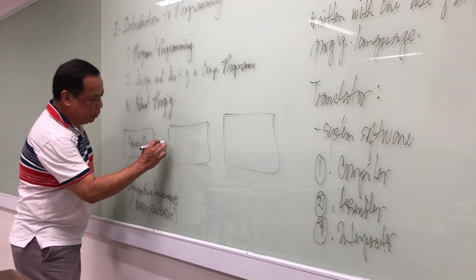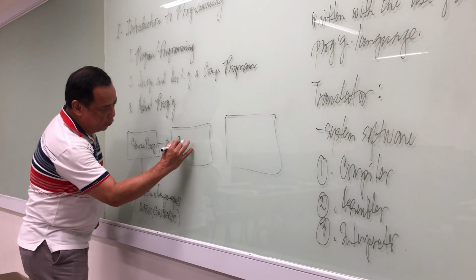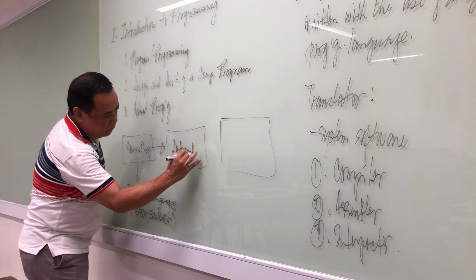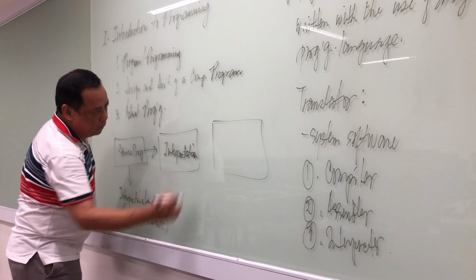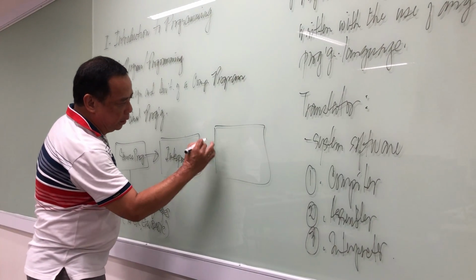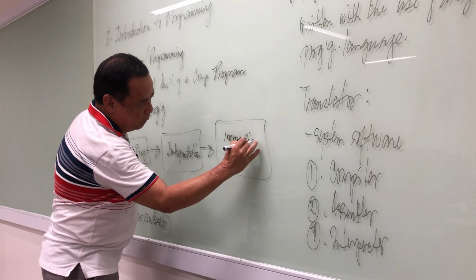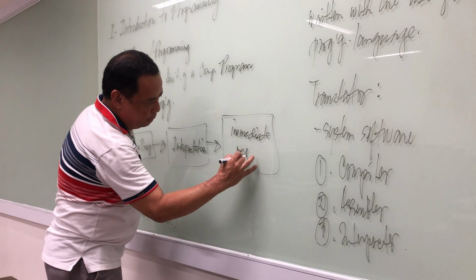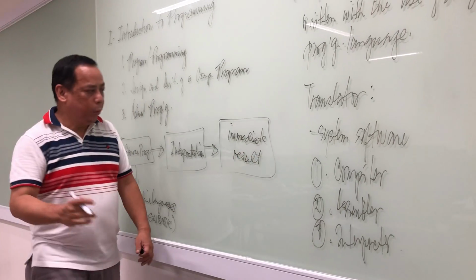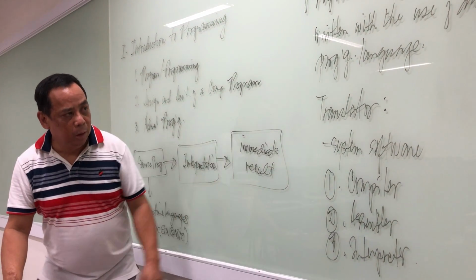The process that will happen will be interpretation. And immediately it will generate an immediate result. No need to wait for the equivalent object code.